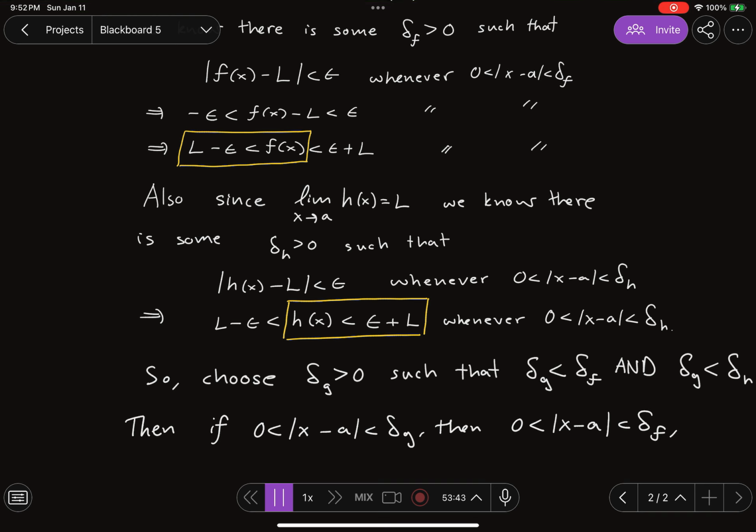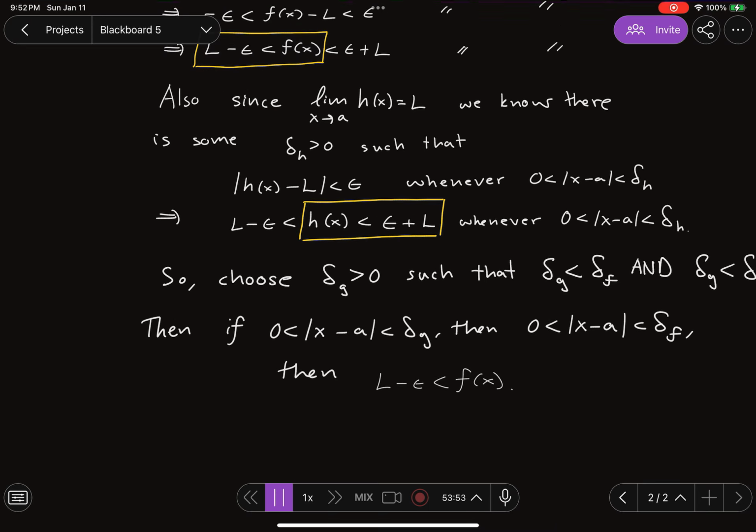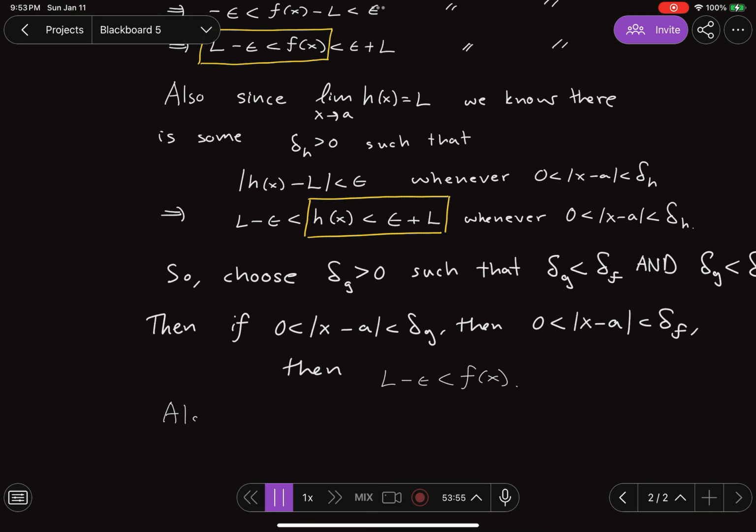And of course, that implies L minus epsilon is less than f of x. Also, if 0 is less than x minus a is less than delta sub g, then 0 is less than x minus a, which is less than delta sub h, and that's because of this condition.